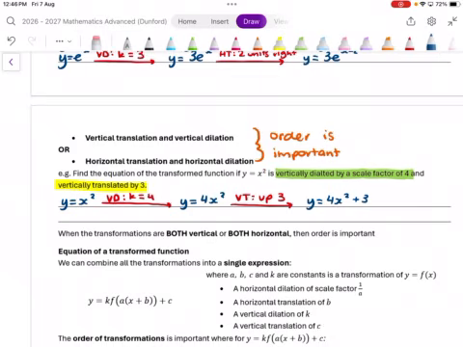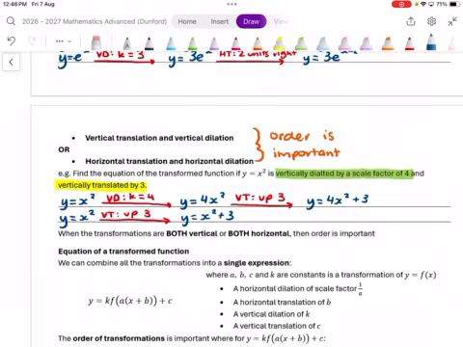Okay. Now, if we do it the other way, so if we do our vertical translation of up 3 first, what we get is y equals x squared plus 3. Now, after we do each transformation, that's our new function that we're doing things to.